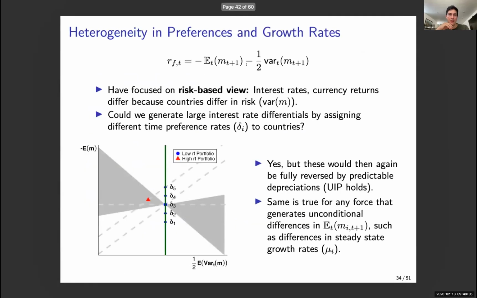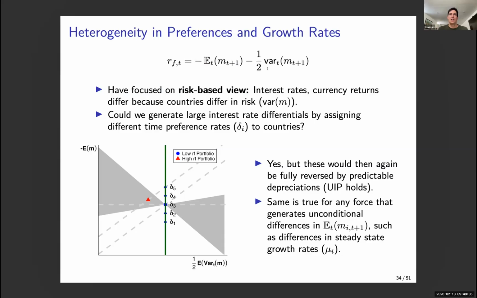Okay. Let me say briefly about the other thing that we were thinking about. Essentially, the reason why we're talking about models that translate differences in variance of M into interest rate differentials is because we see in the data that these interest rate differentials are not reversed by predictable depreciations.